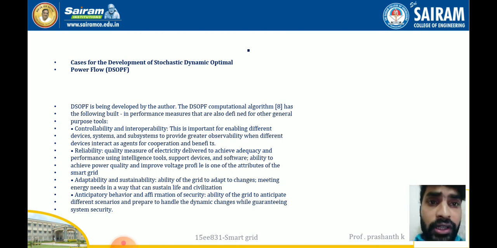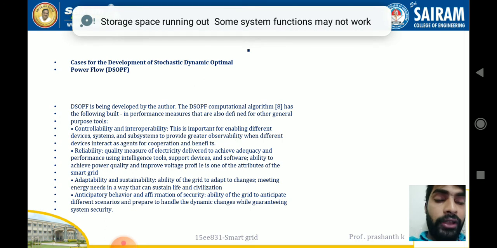So already I told you the smart grid is like an intelligent power supply system, so we need to have intelligent tools, intelligent sensors, and supporting devices and software for monitoring, self-healing, or whatever. So we must improve the voltage profile, like quality management, a good quality of power supply system.